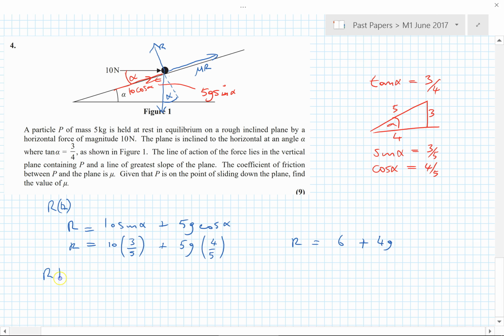So now resolving parallel, we've got going up the plane 10 cos alpha. We've also got the mu R, and that's equal to the component of the weight down the plane, that's the 5g sine alpha.